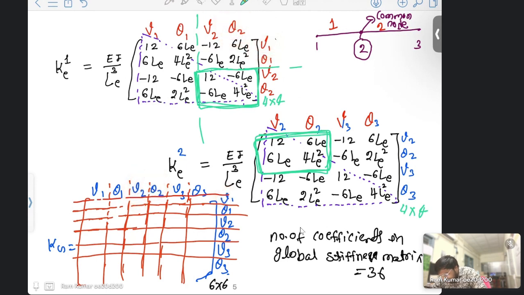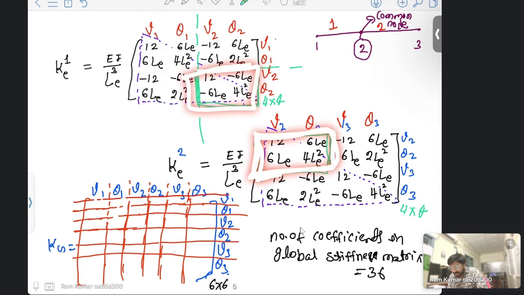Then B3 B1, but we are having only B2, so those will be 0. First I'm just trying to explain. Then similarly for this row, B1 theta 1 will come here, and these points we have to add.